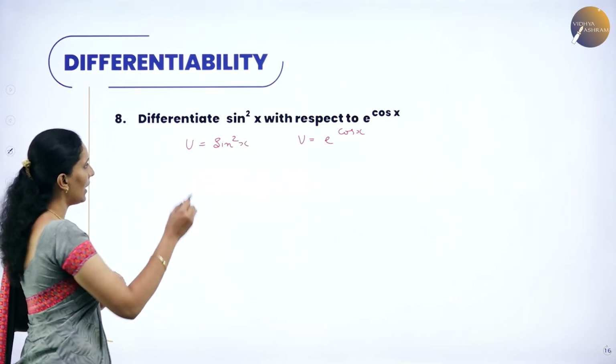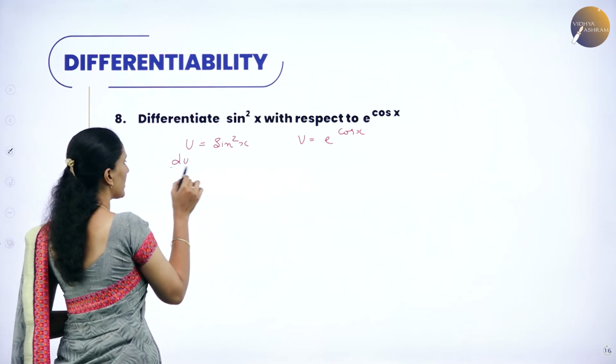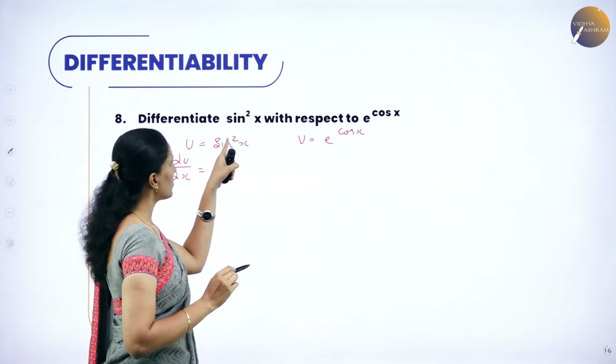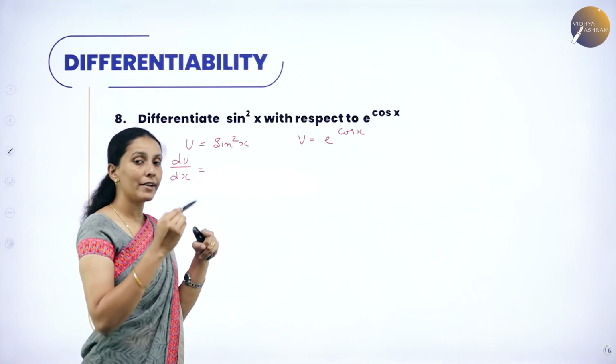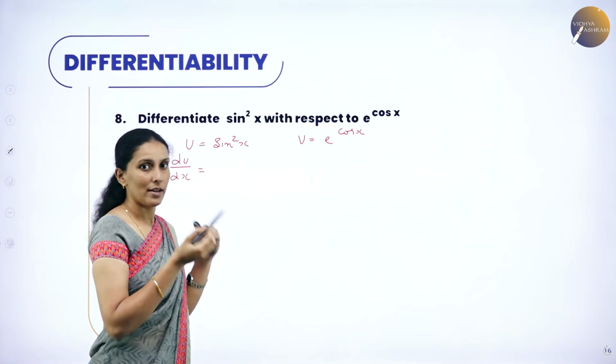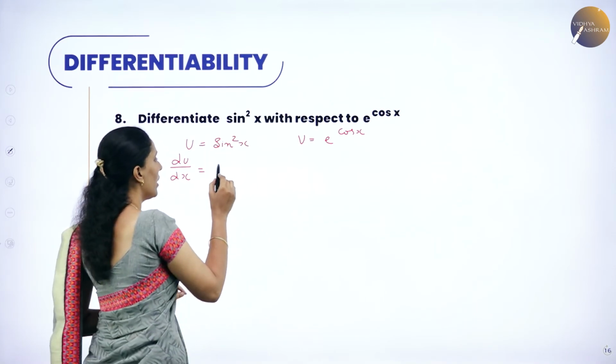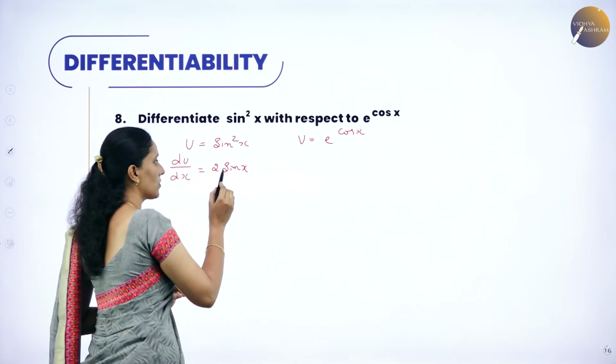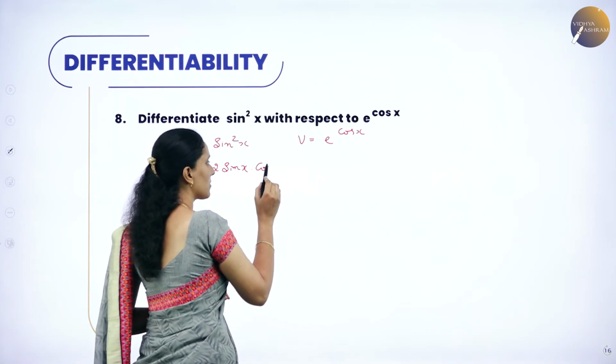So therefore, let me take du by dx here, differentiate both with respect to x. Since we have sine square x here, when you have x square, you will convert it into 2x. Similarly, when you have sine square, you will convert it into 2 sine x and then differentiate sine x. What is the derivative of sine x? It is cos x.